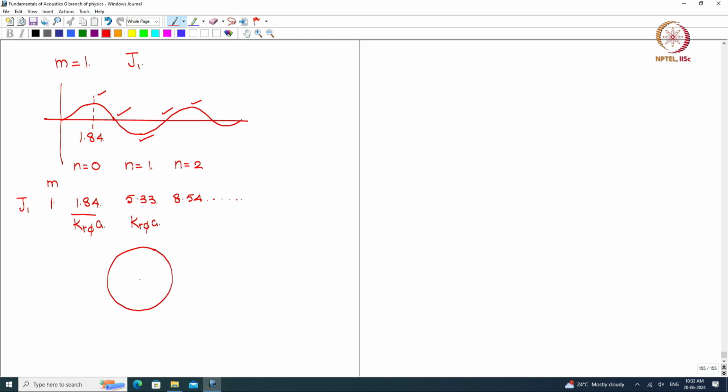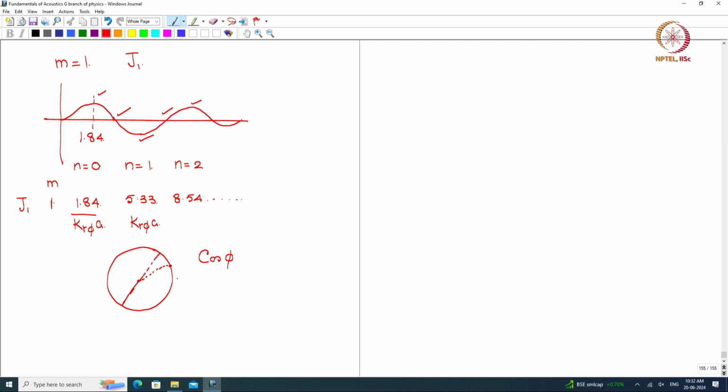Inside the cylinder, if I have a J1, I start off with a 0, and then I have a peak at the wall. m equal to 1 means I have one diametral node line. Why? Because it's cos m phi and therefore cos phi.